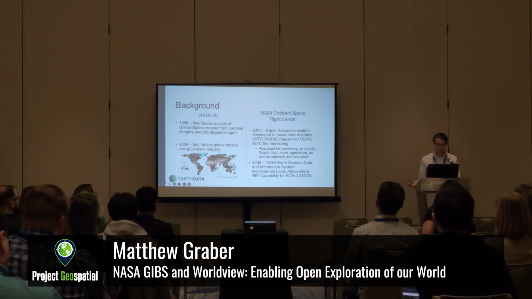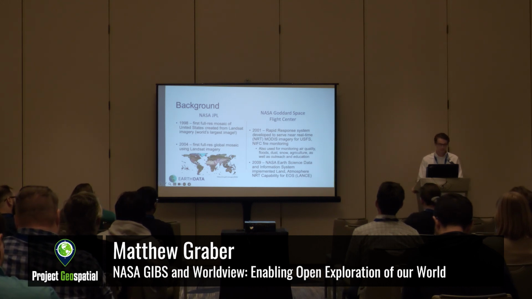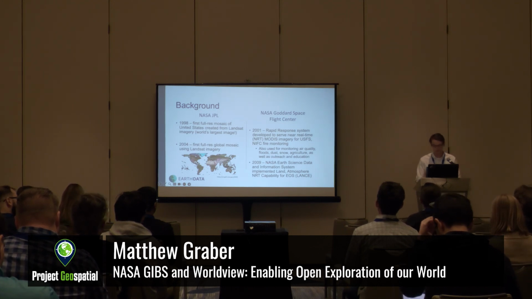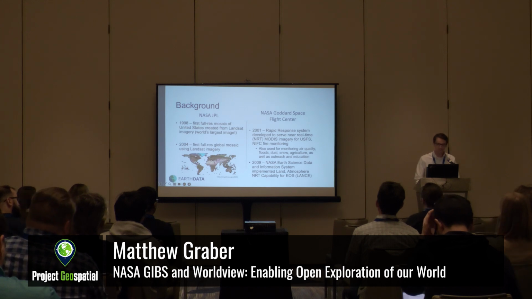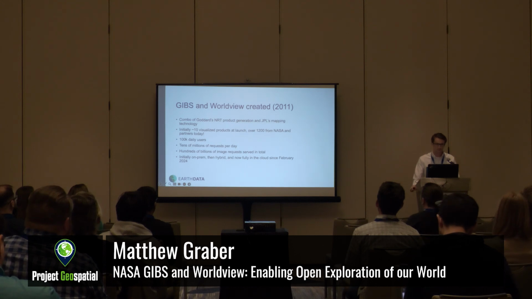That near real-time capability was intended for agencies like the Forest Service to monitor fires, but other people found plenty of other good uses for it with climate science and outreach. Based on the success of that, NASA established LANCE, which produces near real-time products for a much wider variety of missions.